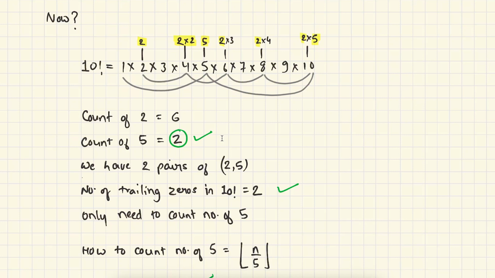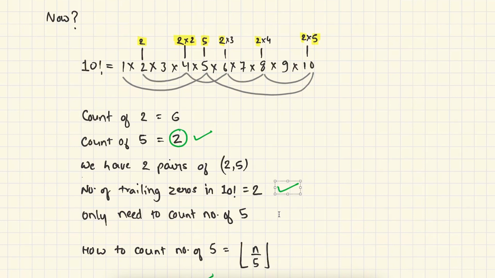So our problem boils down to finding only the number of 5's. We do not need to count the number of 2's, because they are much more than 5's. In this example, how many pairs of 5 are possible? There are 2 pairs possible. So the number of trailing zeros in factorial of 10 is 2, and that is correct, because if you compute the factorial of 10, you get exactly 2 trailing zeros.